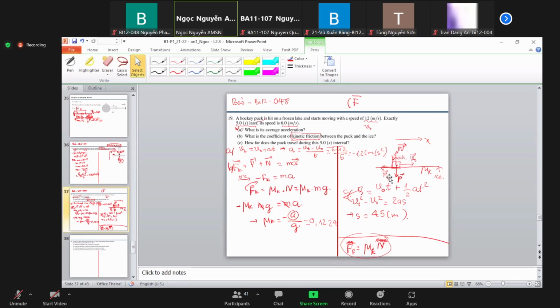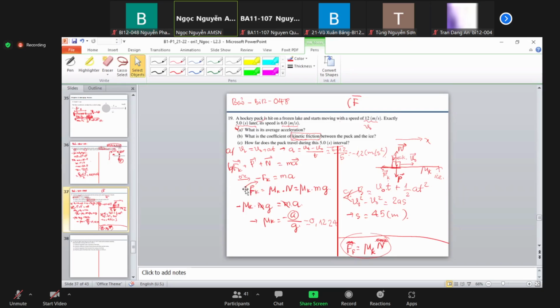The second thing here, because it's kinetic friction, you have to write down not mu s but mu k.